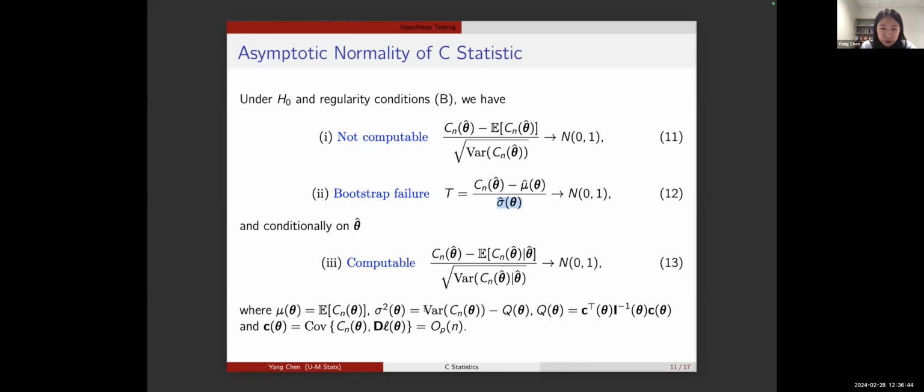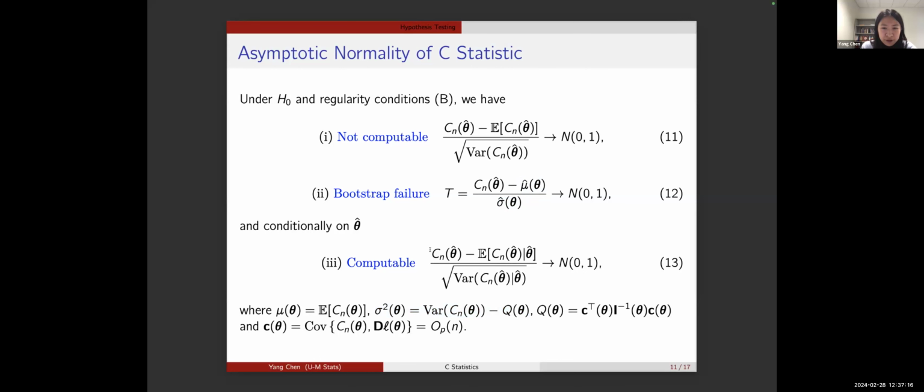The other thing I want to mention is that sigma, the variance parameter here, is the marginal variance of the C statistics subtracted by a term that is of order n. That means if we just use a parametric bootstrap procedure to estimate the mean and variance functions, we cannot achieve asymptotic normality. We also showed this in numerical experiments. So that's the value of this result.